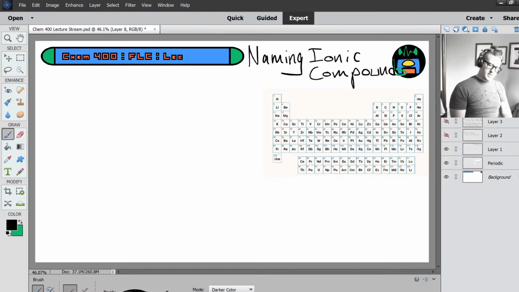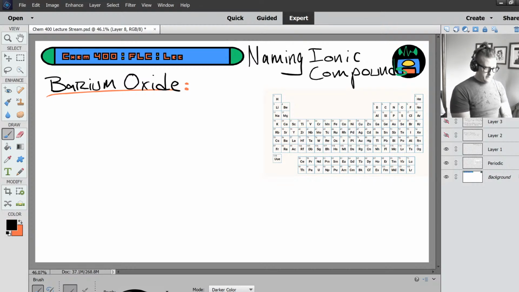Okay, yeah, let's go ahead and write the chemical formula for barium oxide. All right, so first and foremost, barium, our cation, we've got to locate it.